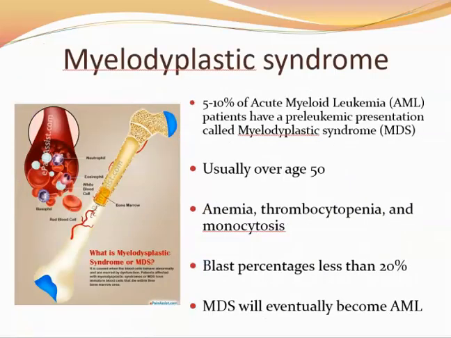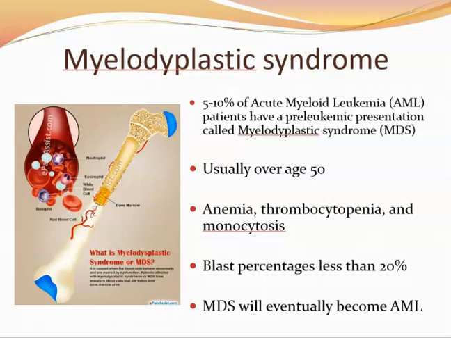Now let's talk about myelodysplastic syndrome. This is something that you need to know about in association with acute leukemia, because about 5 to 10% of acute myeloid leukemia or AML patients have a pre-leukemic presentation called myelodysplastic syndrome or MDS. This usually happens in patients over the age of 50.